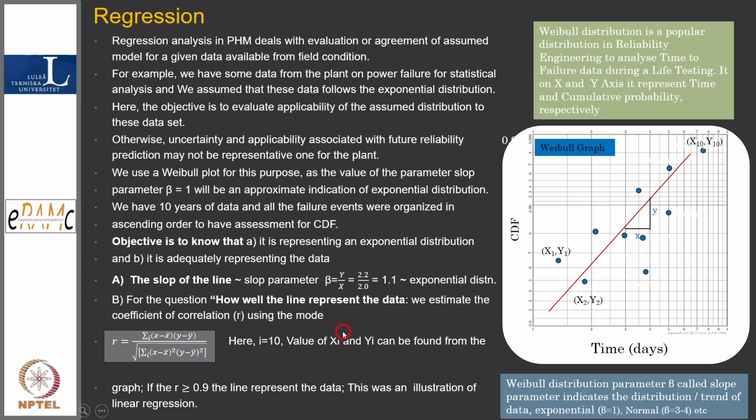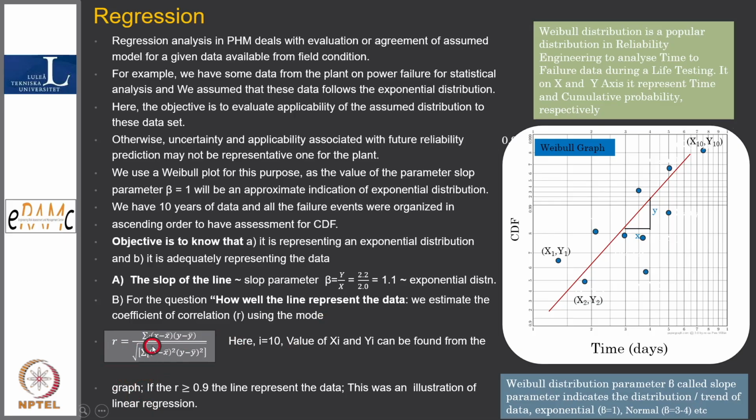Now this is a graphical representation, and with the coefficient of correlation, we will know. R is nothing but the coefficient of correlation. So there is a statistical formula, which gives summation of x, x bar, y bar, and all that.